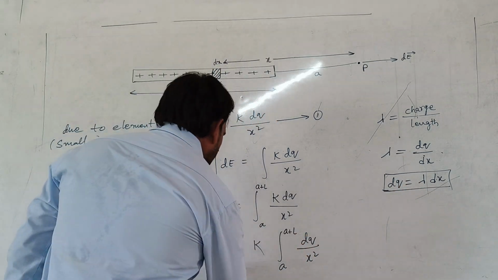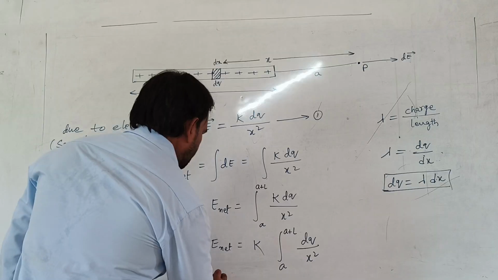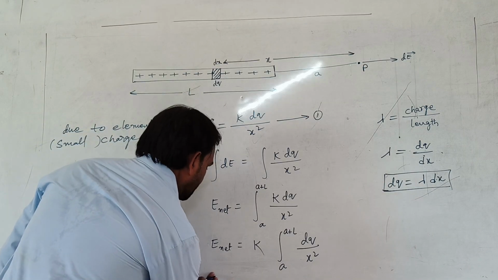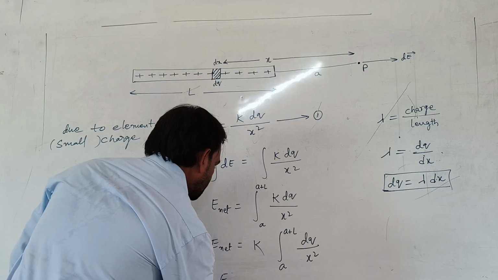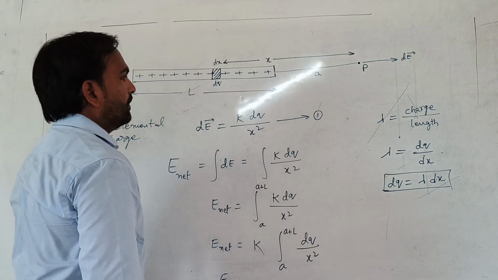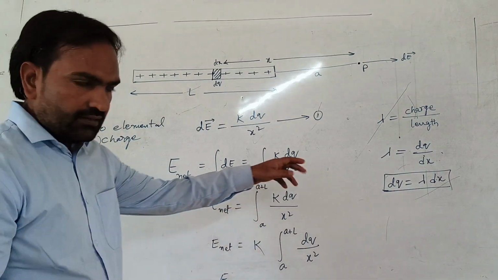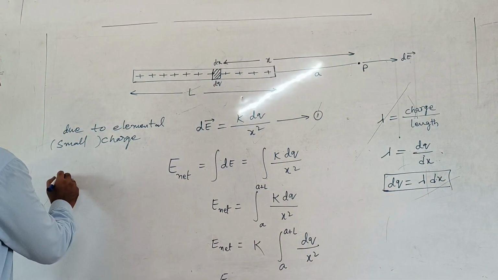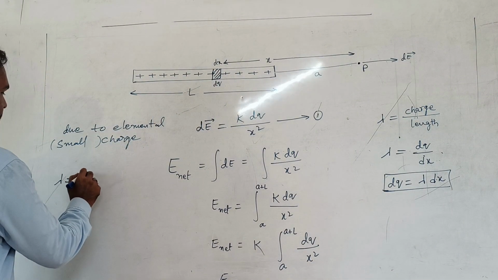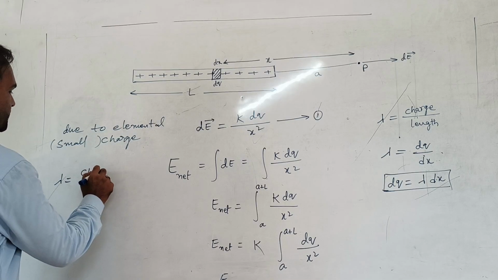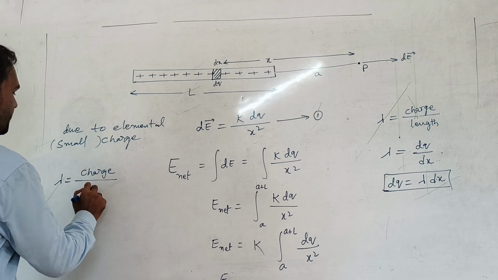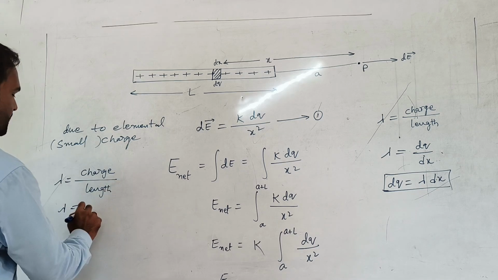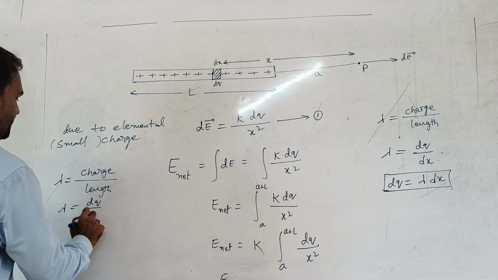Then what do you get? The net electric field intensity E net is equal to, how can I write this here? Lambda is equal to charge per unit length, that is, dq by dx.